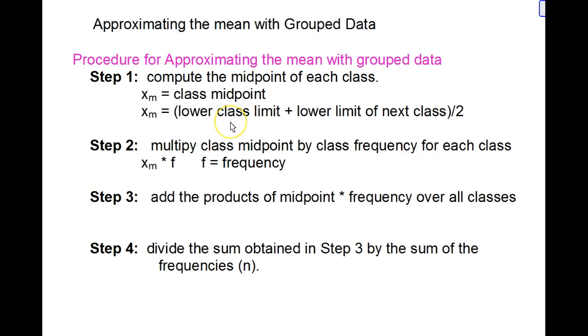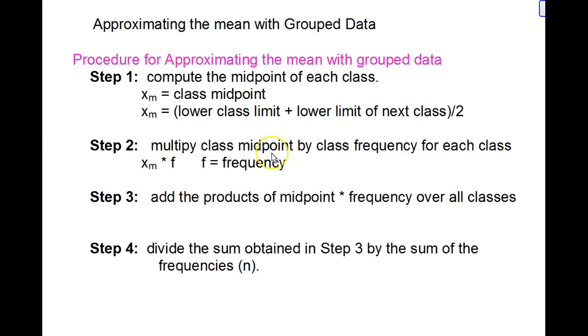Once we have the midpoint for each class, we're going to multiply the class midpoint by the class frequency for each class. That means we're going to take the x sub m, the class midpoint, multiply it by the f, or the frequency. Step 3, we're going to add up all the products of the midpoint and the frequency over all the classes.